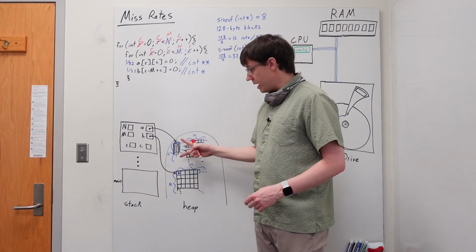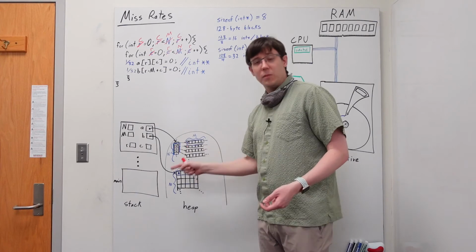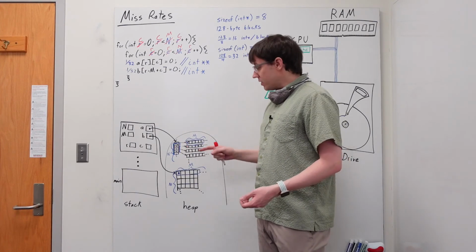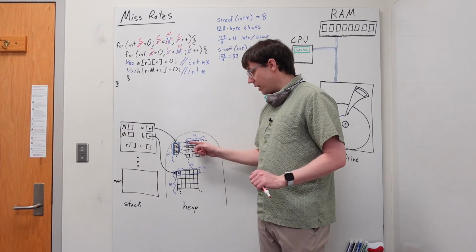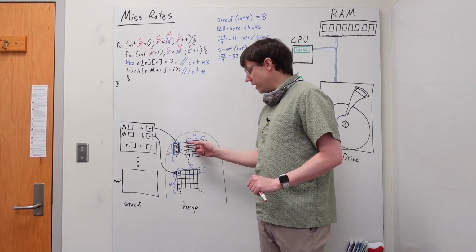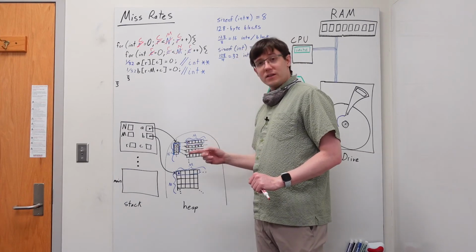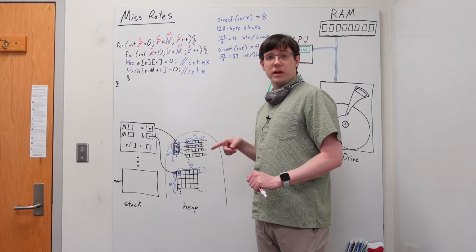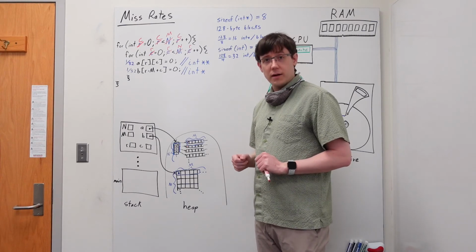And so we'll have a hit in the outer array because we brought in 16 pointers in a block, but then we'll have a miss in the inner array because the block that we brought in was from the first of the inner arrays, and now we're accessing something that is in a completely different inner array, and so isn't going to be in the same block.